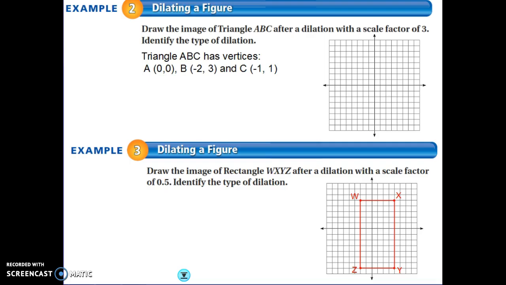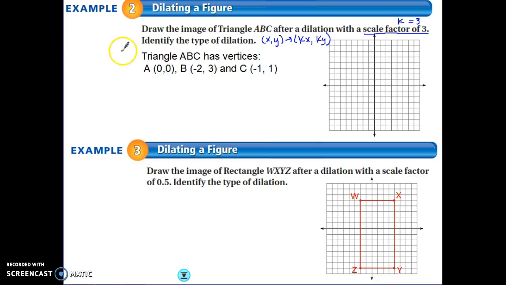Example 2. Draw the image of triangle ABC after a dilation with a scale factor of 3. Identify the type of dilation. This scale factor of 3 means that k is going to equal 3. And all of your x, y values that we did have are going to become k times x and k times y.